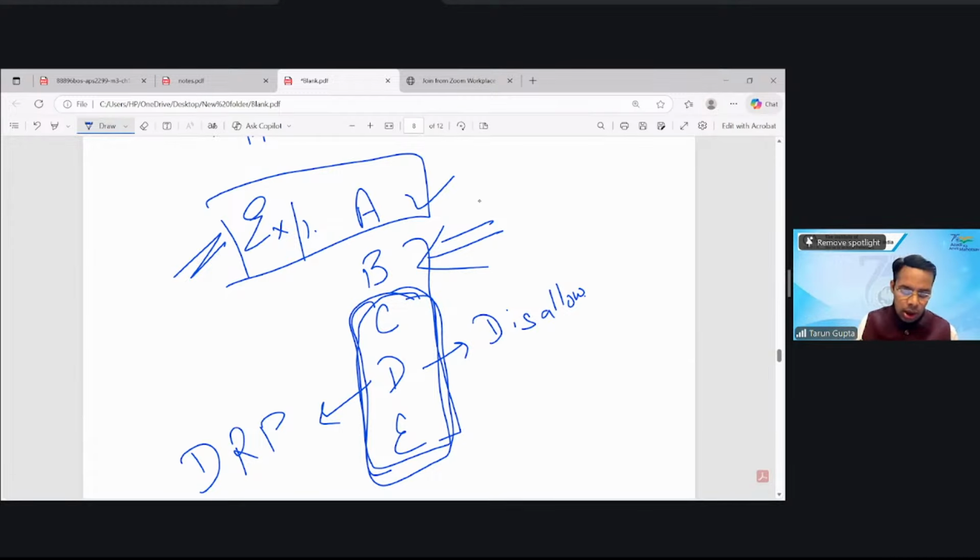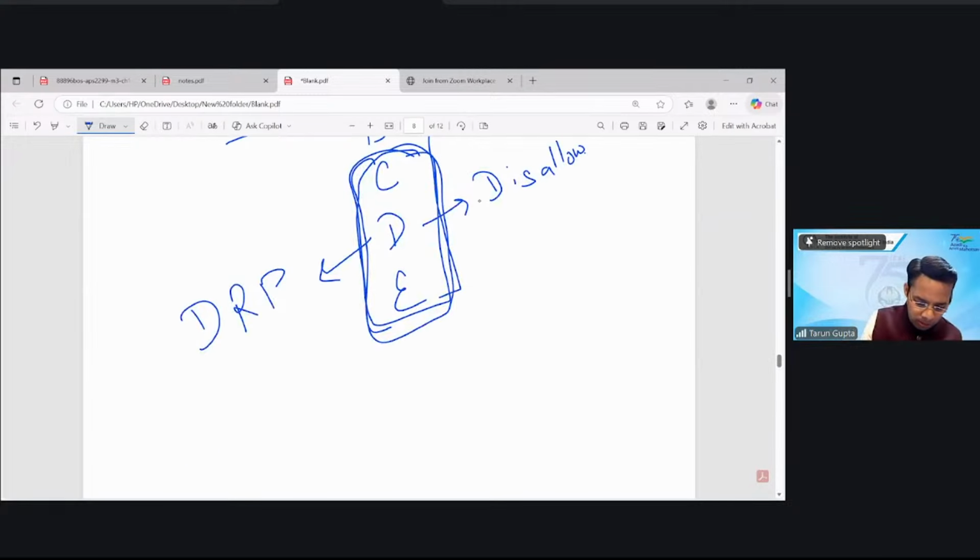So you are with me? In this case, expense B was disallowed by the AO, but the assessee did not file an objection against expense B before the DRP. Therefore, the DRP cannot now allow expense B, though the DRP can disallow expense A, which was allowed by the AO.